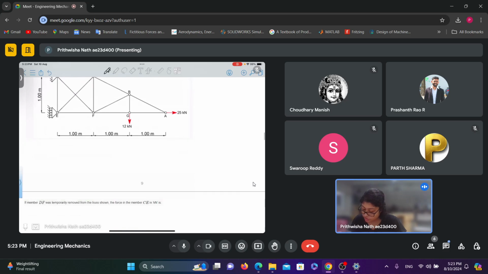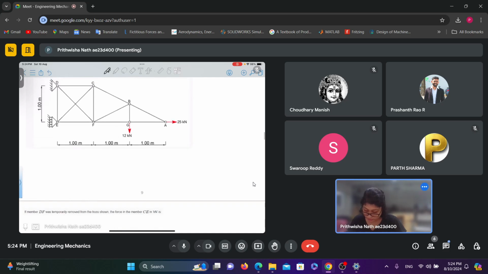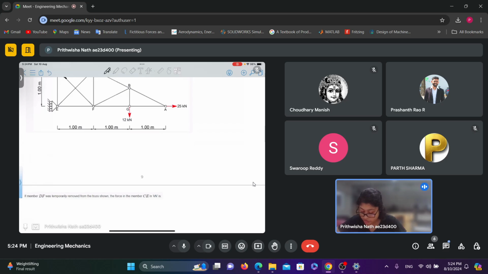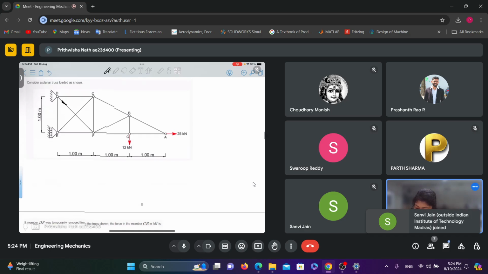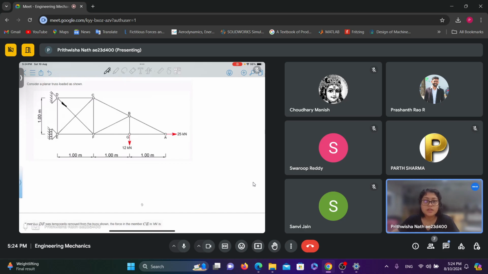In this problem we need to find, if member DF was temporarily removed from the truss, the force in the member CE. So this member DF is temporarily removed, and in that configuration we need to find the force in member CE.